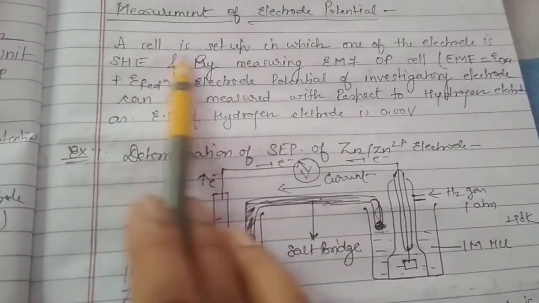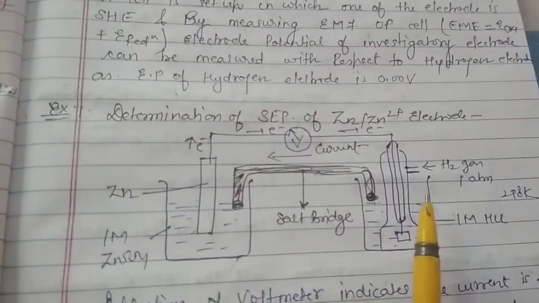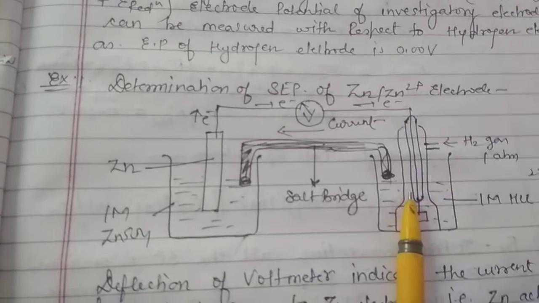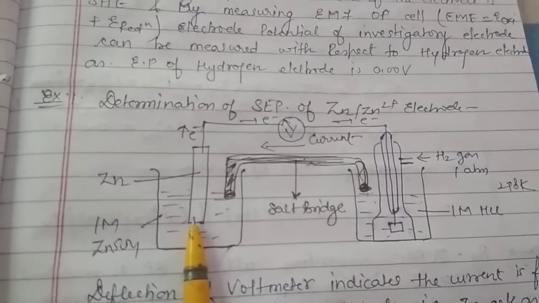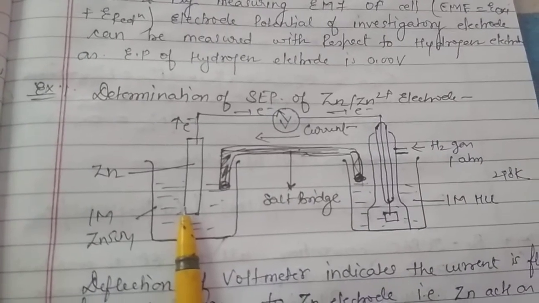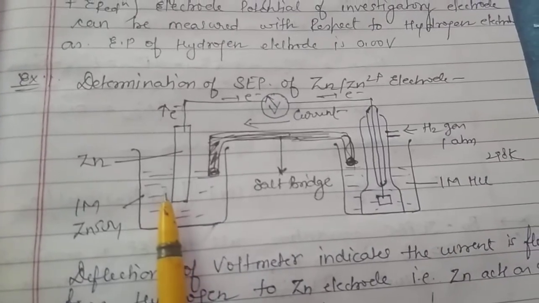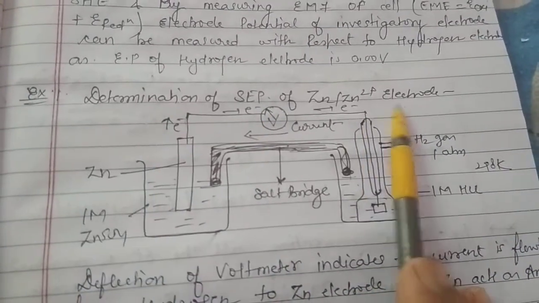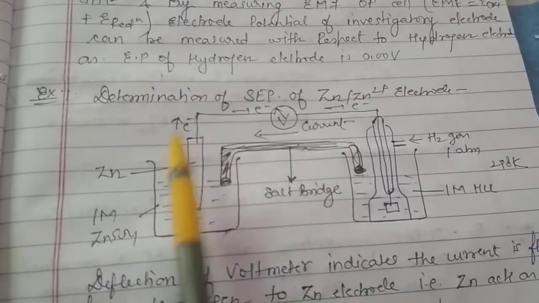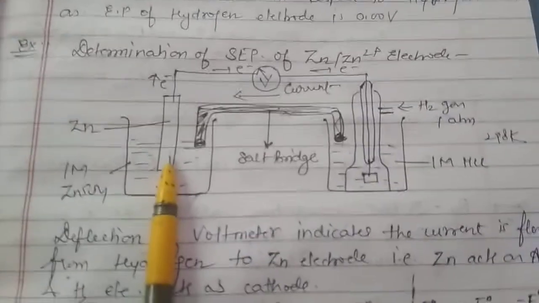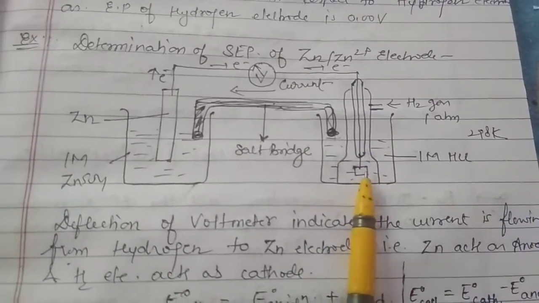We take SHE as one electrode and another electrode, the investigatory electrode, to which we are to calculate the electrode potential. Suppose I have taken the example of zinc. We are to determine the SEP of zinc to zinc ion electrode. Means we are to calculate the standard electrode potential of zinc with respect to the hydrogen electrode, because we know the value of electrode potential of hydrogen, that is fixed.